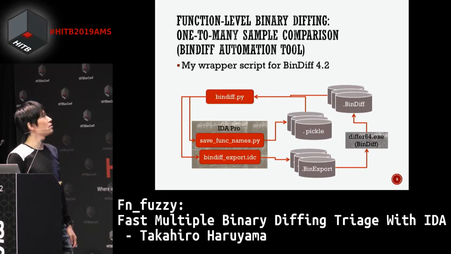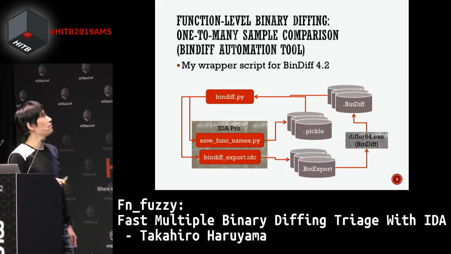The wrapper calls two scripts. One generates a BinExport file from the IDB. The other saves function names. And the BinDiff executable accepts the BinExport files and creates a .bindiff result file.